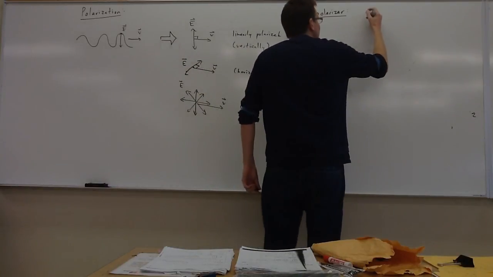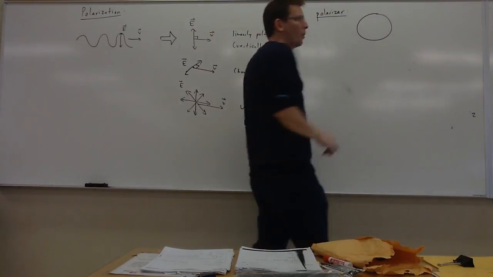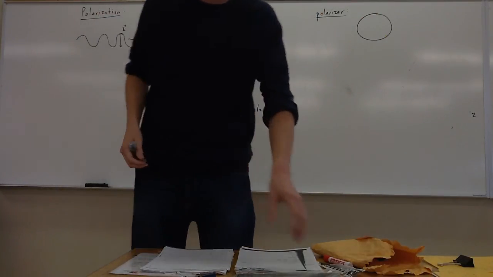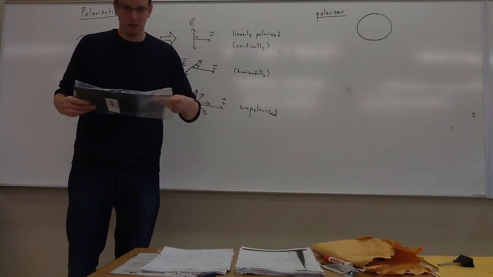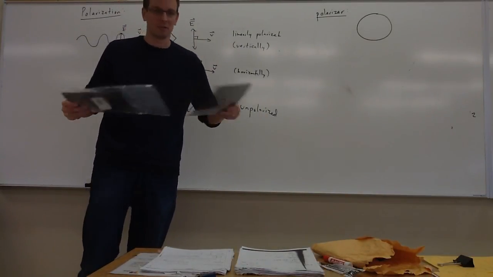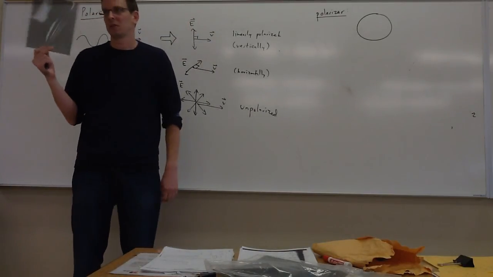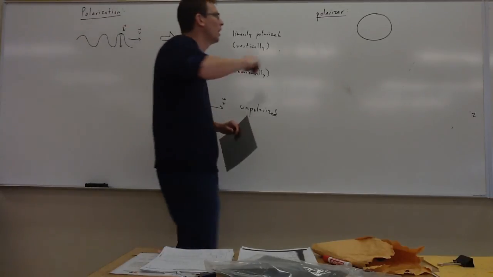So it's literally some piece of material. I usually draw it as a circle for no apparent reason. You can make it in whatever shape you want. In fact, you guys will use a circular shaped piece of material in lab, but I have squares here. So these are square sheets of polarized material. Let me talk about how they're made.